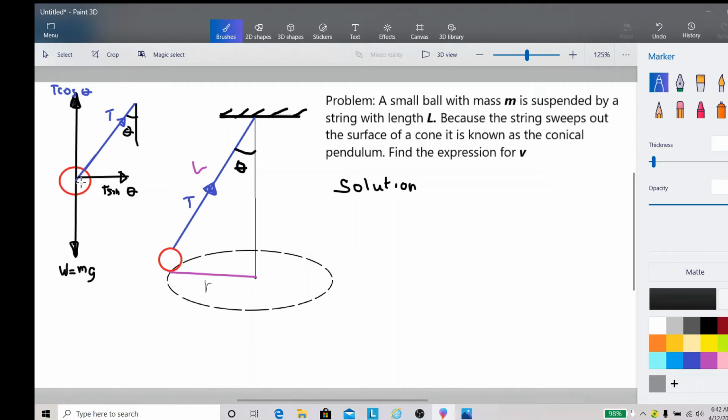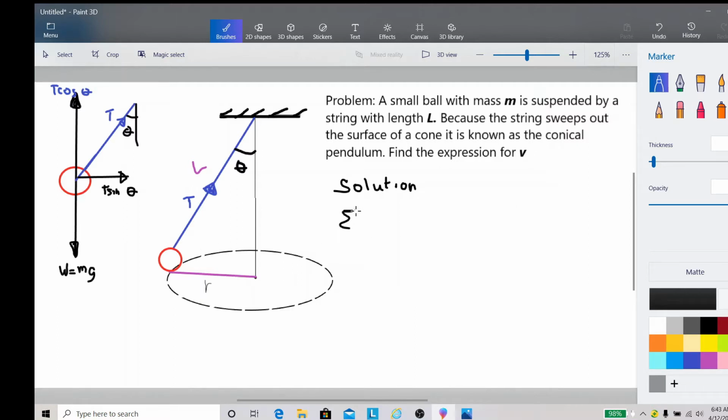Of course, this ball will have a weight that is directed downward. And if this is the tension T and this is theta, it will have components. The vertical component will be T cosine theta and the horizontal component will be T sine theta because that is opposite.